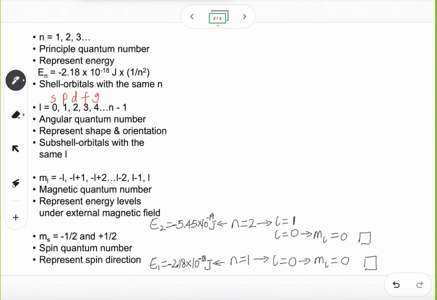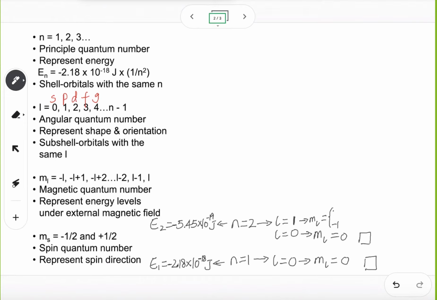Now, for L equals 1, it's getting interesting, as you realize. When L equals 1, the smallest value for ML would be negative 1. Let me write it here. For ML, it could be negative 1.